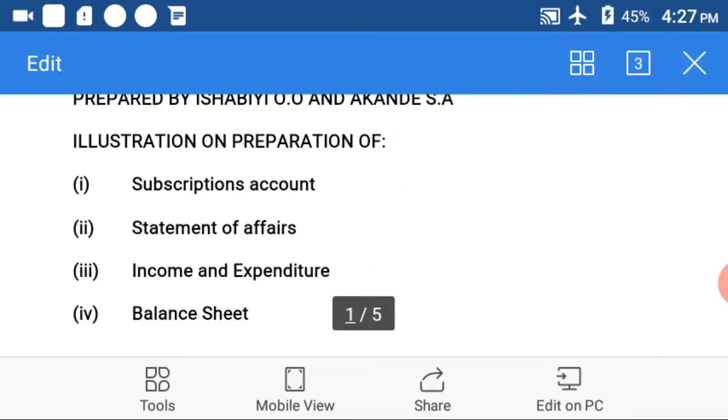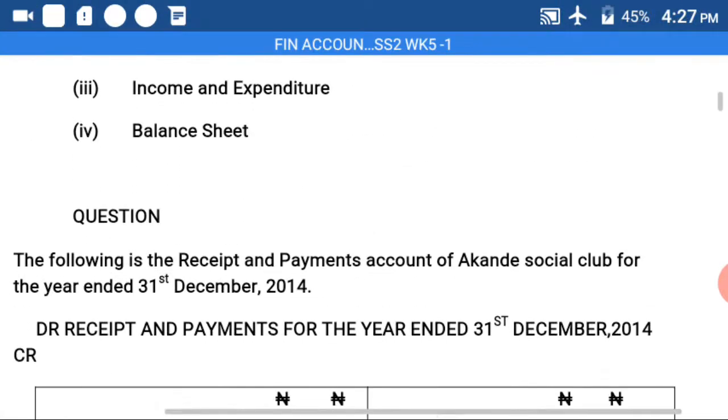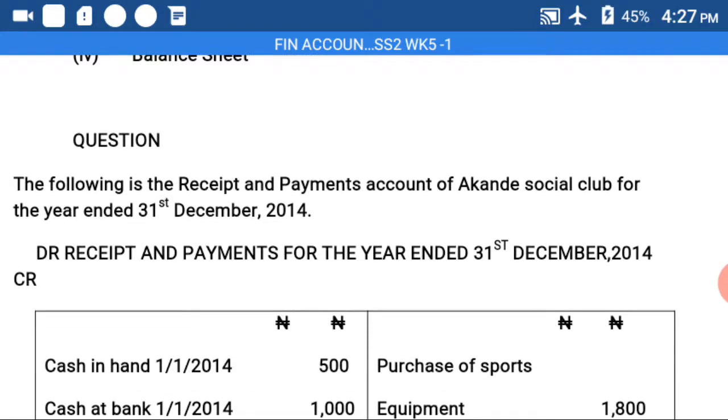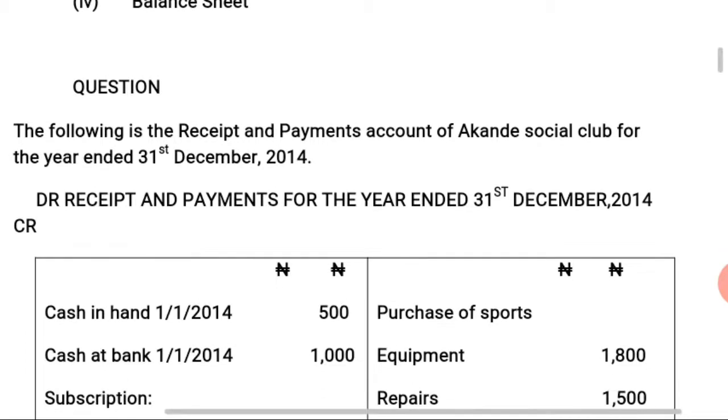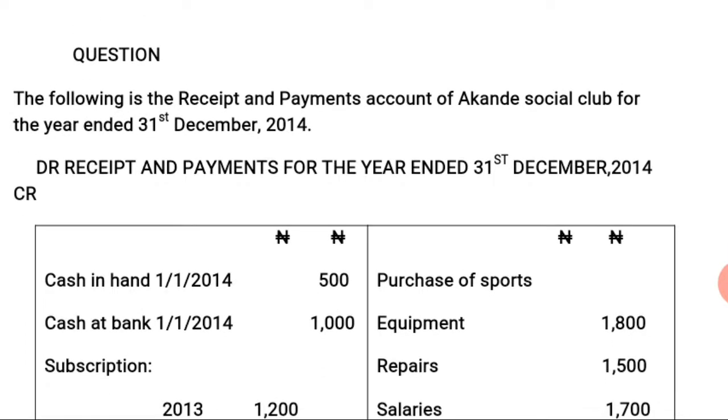Without wasting our time, let's quickly look at the question to be solved as the illustration on the topic. Question: the following is the receipt and payment account of Account Social Club for the year ended 31st December 2014.